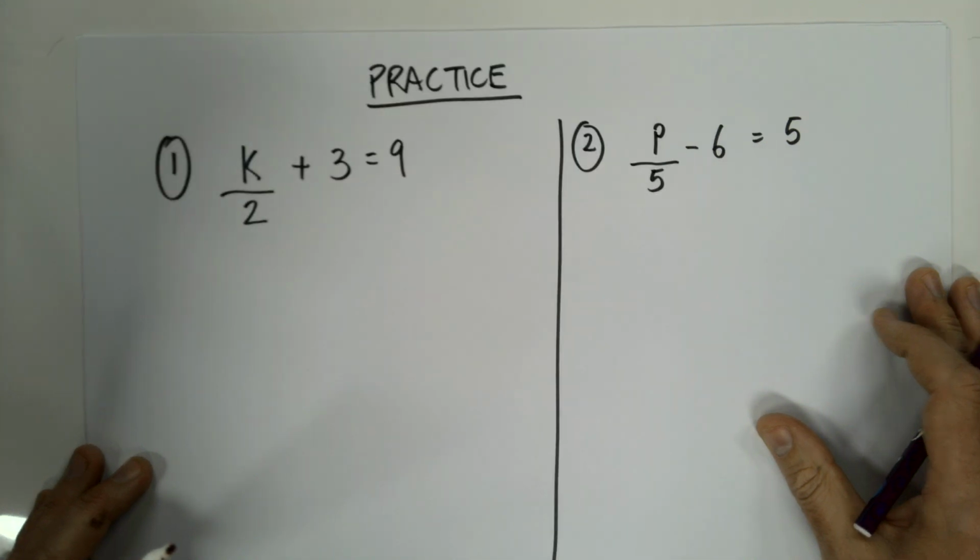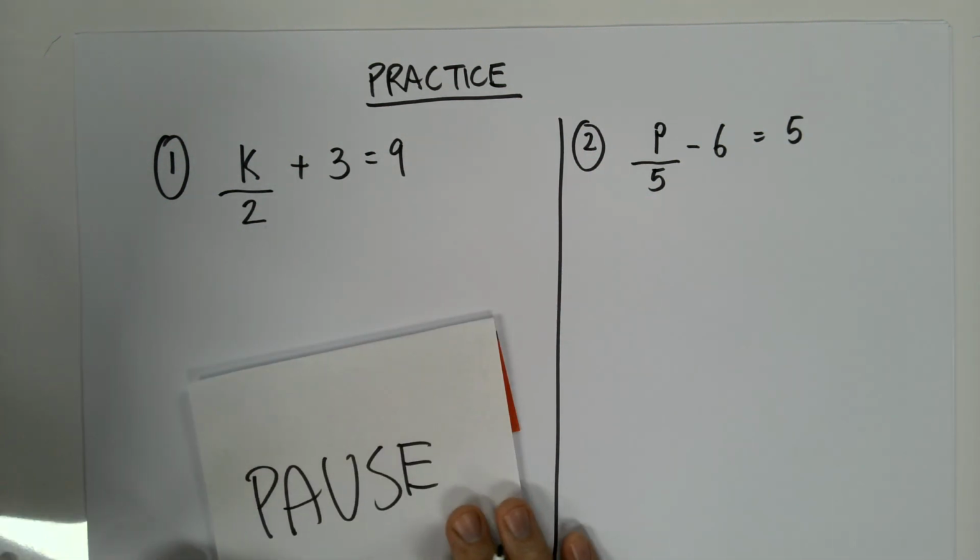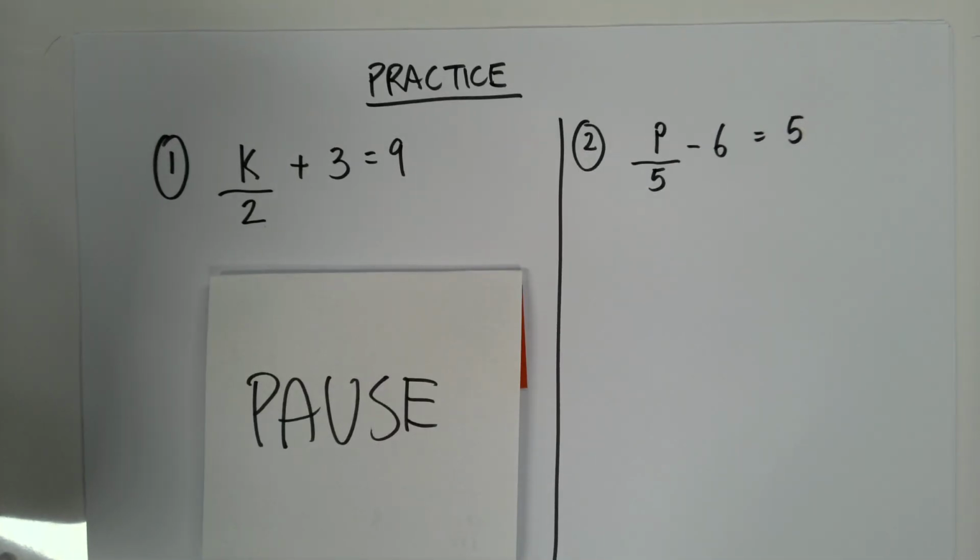Okay, so you need to hit the pause button. Hang on, I'll make a pause button. Boom, there's a pause button. Okay, you hit that, go and do those two, and then come back and I'll work through the answers.